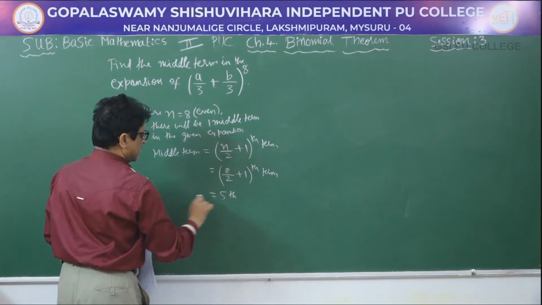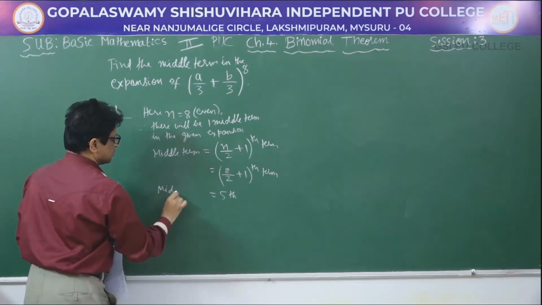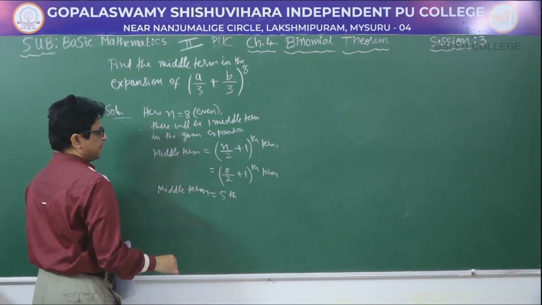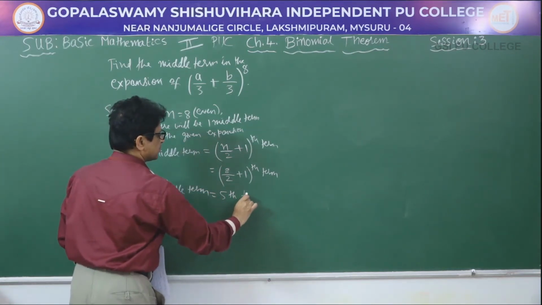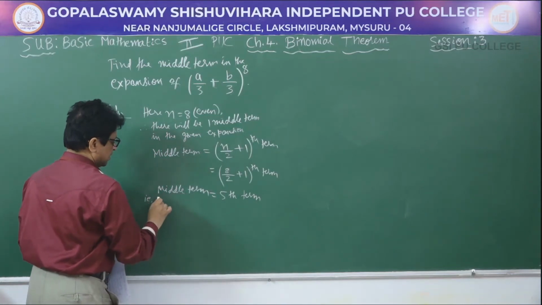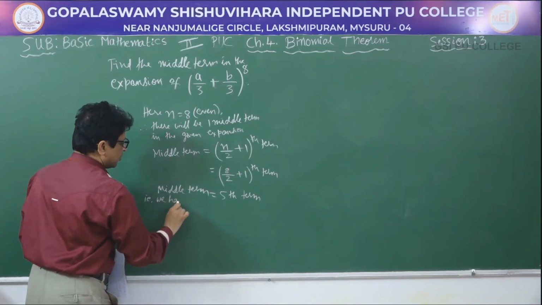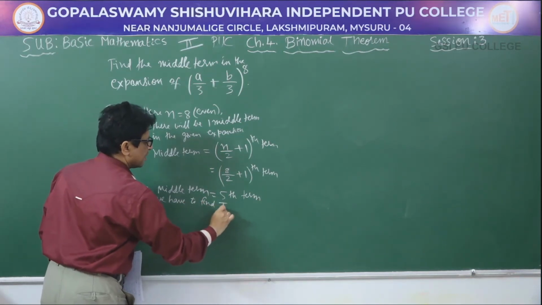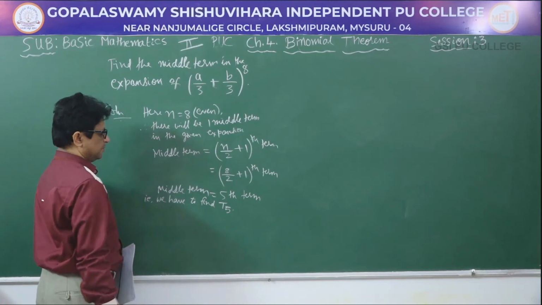So, the middle term will be the 5th term. That is, we have to find T5.